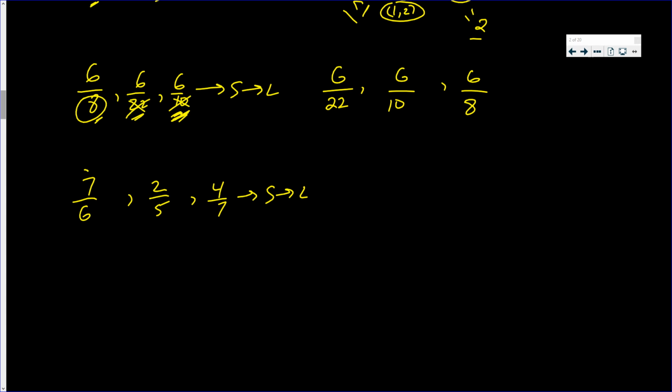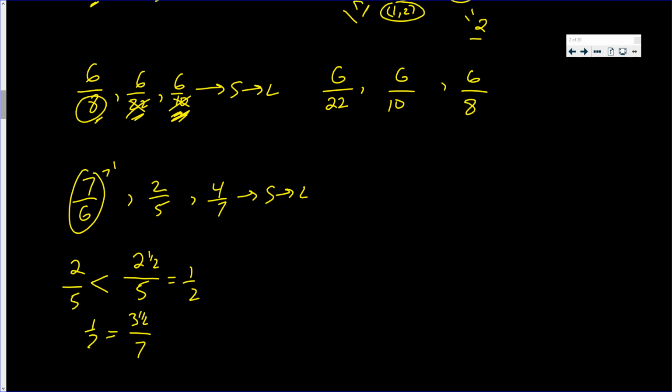Well, I would notice that this is more than 1. Now when it comes to over 5, 2.5 over 5 is a half. So 2 out of 5 is going to be smaller. And when it comes to over 7, 3.5 over 7 is a half. So 4 over 7 is going to be bigger.